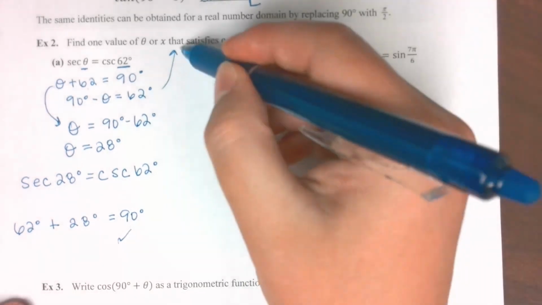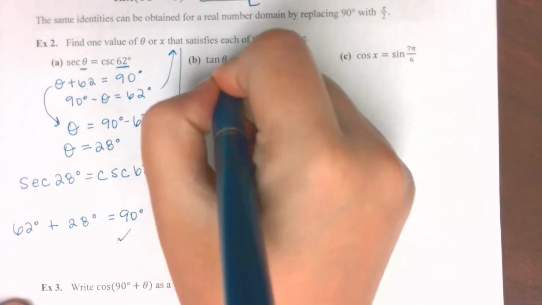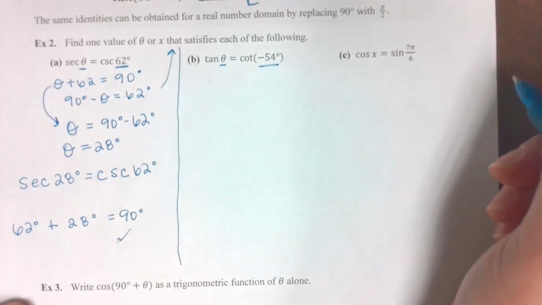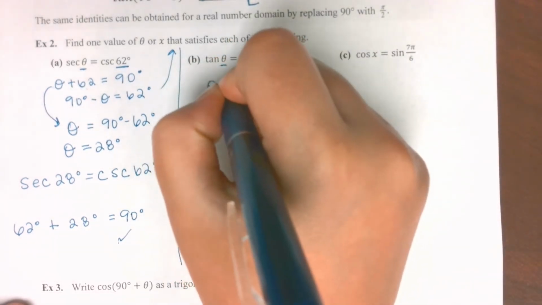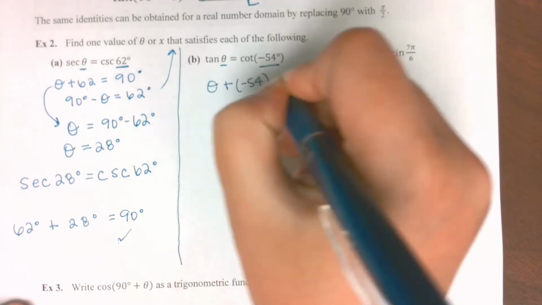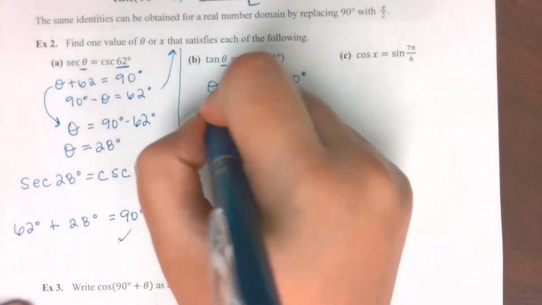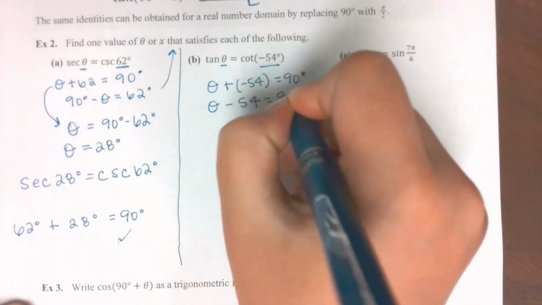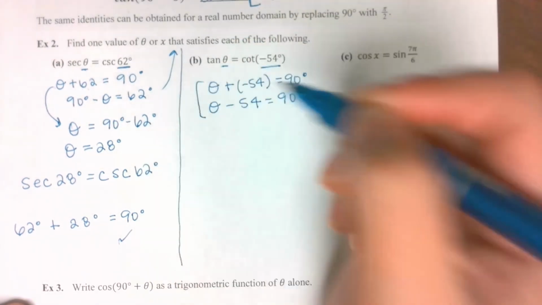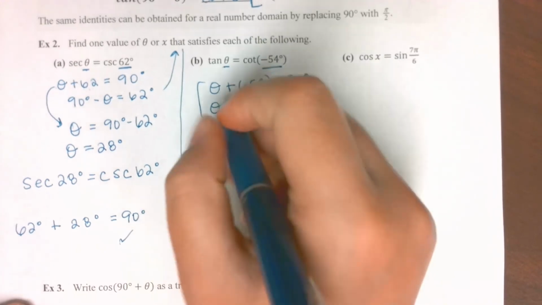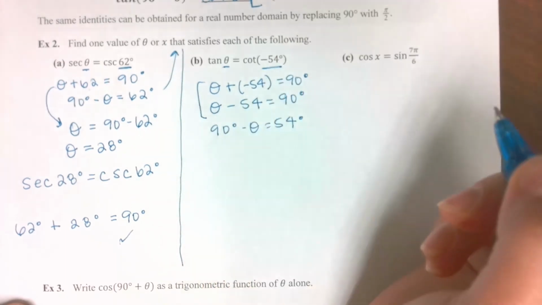Same concept for B. Tan and cotangent are cofunctions, so theta plus negative 54 degrees has to equal 90 degrees. Theta plus negative 54 equals 90, or theta minus 54 equals 90, gives you the same thing. Or you could write 90 degrees minus theta equals 54 degrees.